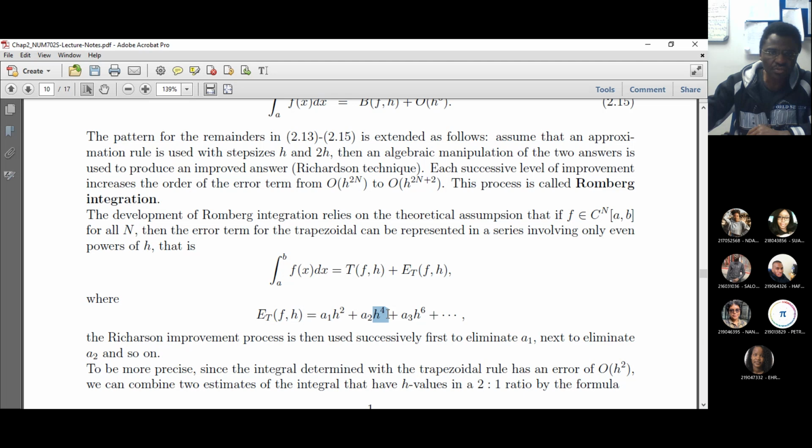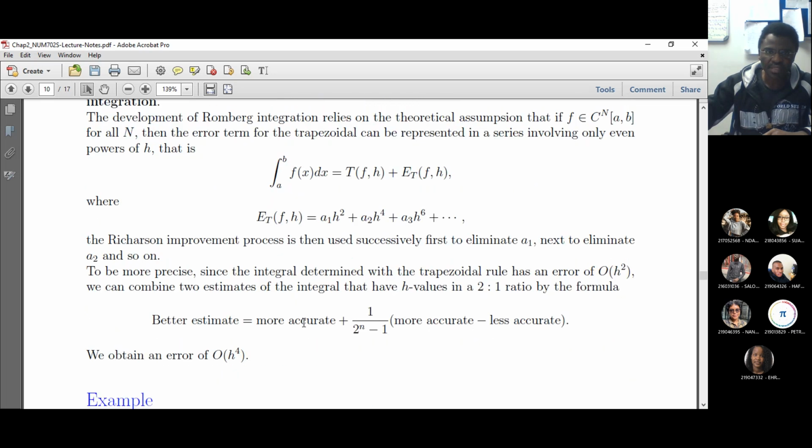If I succeed in canceling out this A1 term, the next term will be h to the 4th. So we'll be improving the accuracy from second order to fourth order, and we can proceed with the technique to higher order. Roughly speaking, that is the idea behind the procedure. In order to perform that, this is the combination we perform.